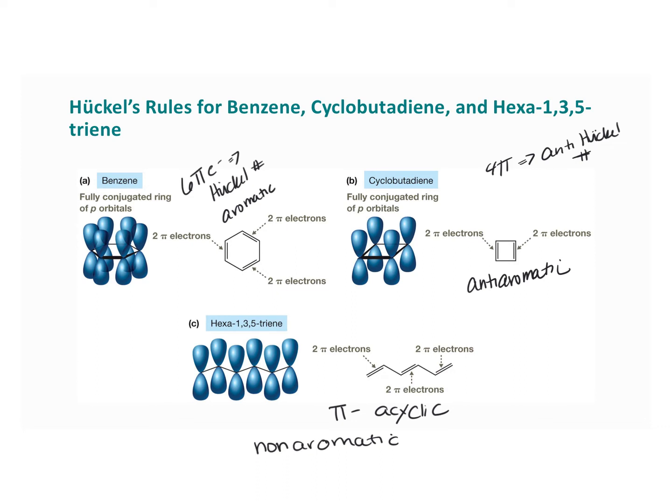When we apply Huckel's rules to other species, it can be really helpful to take advantage of connections between resonance and conjugated pi systems. Each atom over which electrons are delocalized by resonance contributes a valence p orbital to the same pi system, and all of those p orbitals are conjugated. The number of electrons occupying that pi system is the same number of electrons that are delocalized by resonance. But I want you to notice something here: if we have a fully conjugated ring and both of these are planar, then it really comes down to the Huckel number, whether it's going to be aromatic or anti-aromatic.